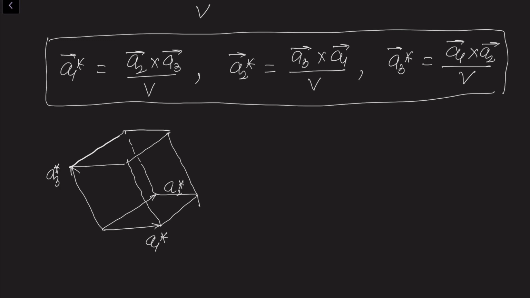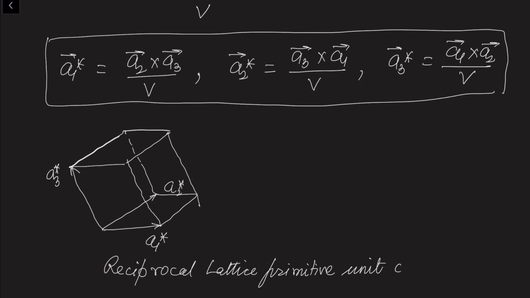So that will be the reciprocal lattice primitive unit cell. So the lattice points will be at these points, and of course if I repeat this unit cell in three-dimensional space, I'll get the reciprocal lattice.